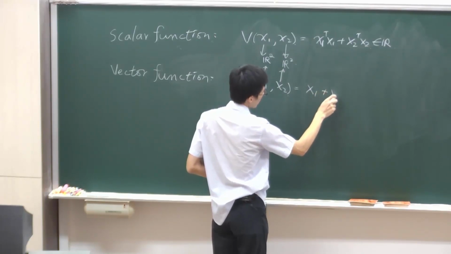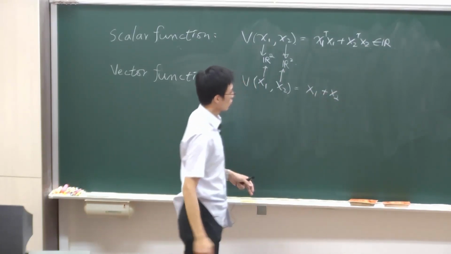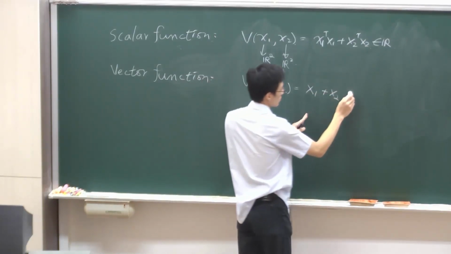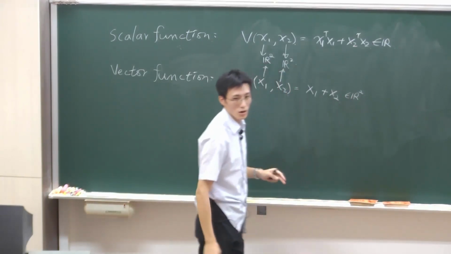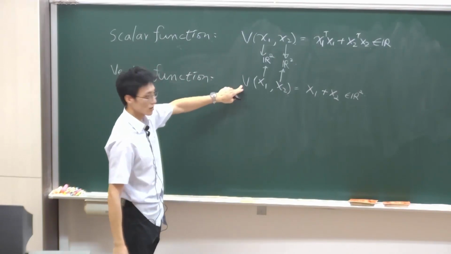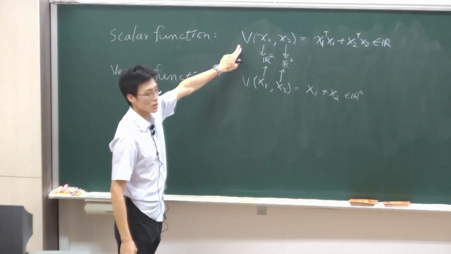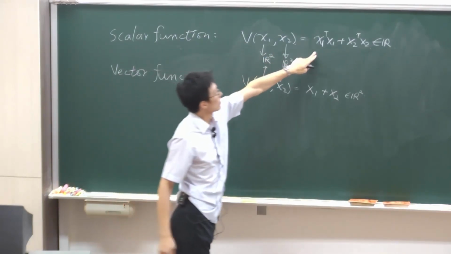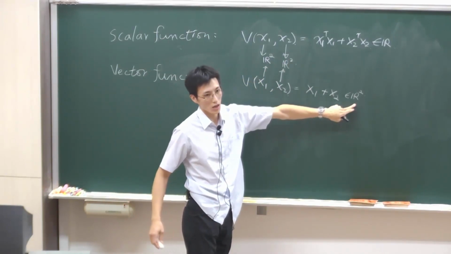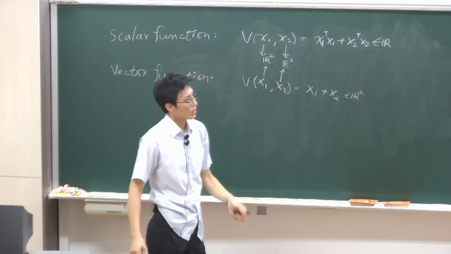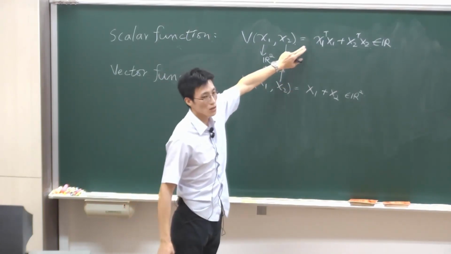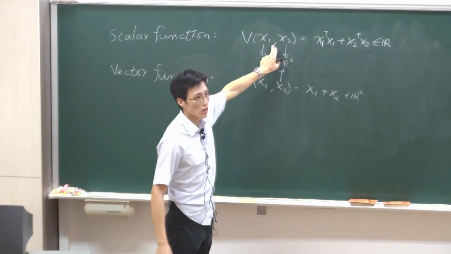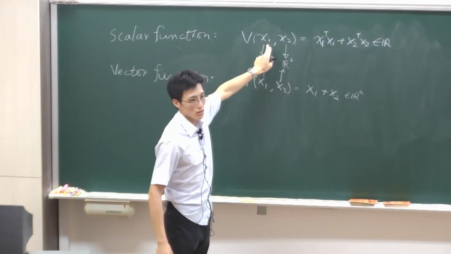And if you write X1 plus X2, which is a vector of dimension 2, then it's a vector function. This is a scalar function, a function that is a scalar, and this a function that is a vector. And the above function is a scalar-valued function, even though your arguments could be column vectors.